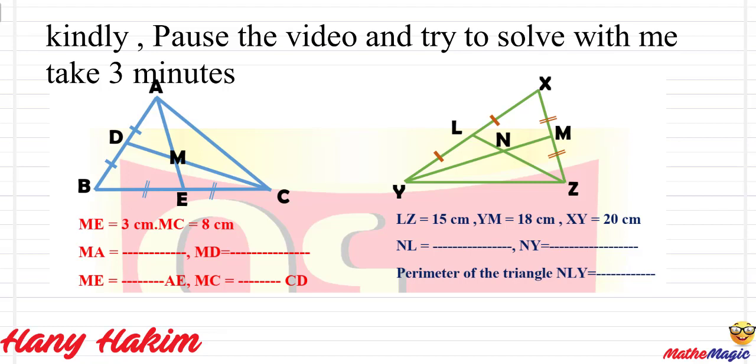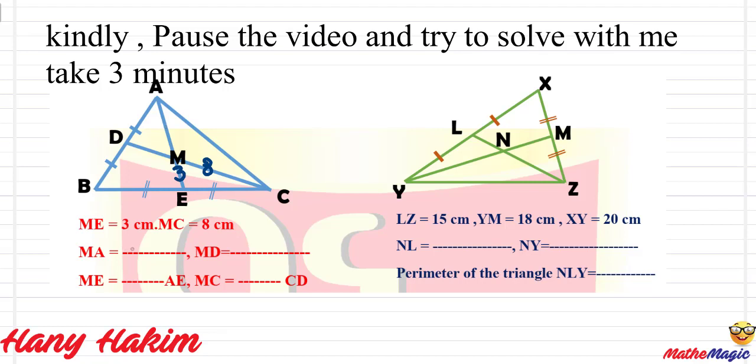And now kindly pause the video and try to solve with me. Take 3 minutes for these two examples. Here we have ME equal 3 centimeters, MC equals 8 centimeters. He asked you to find AM.